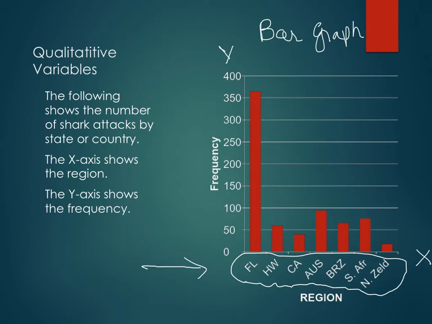In this example, it shows that Florida has over 350 shark attacks per year, whereas Hawaii, California, Australia, Brazil, South Africa, and New Zealand are less than 100 per year. So interpreting this particular bar graph, we see the most frequent number of shark attacks per year is in Florida. Don't go to Florida.